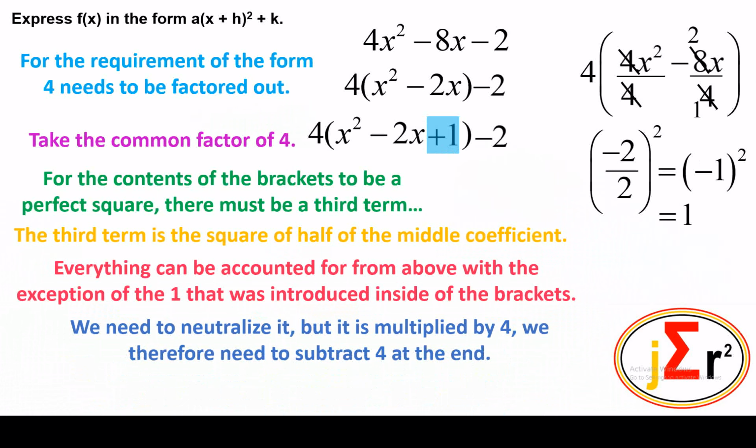What do we do to neutralize it? We need to subtract 1. But it is multiplied by 4, because everything inside of the brackets is multiplied by 4. Therefore, the 1 is also multiplied by 4. Instead of subtracting 1, we therefore need to subtract 4 times 1, which is 4. So we will subtract 4.